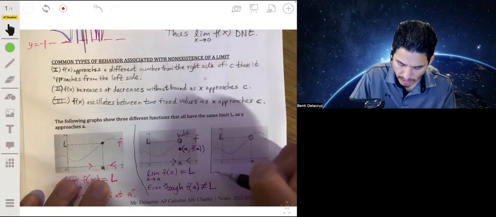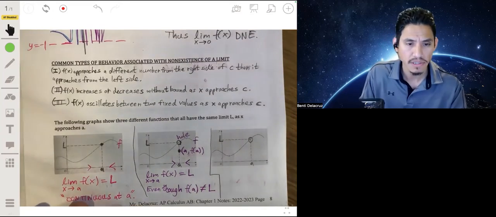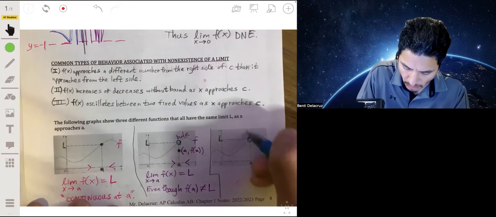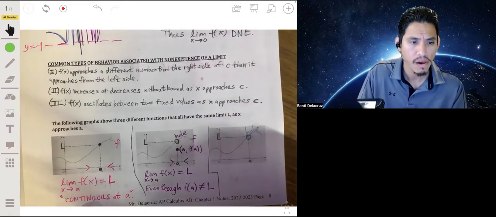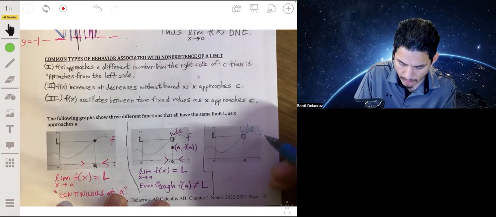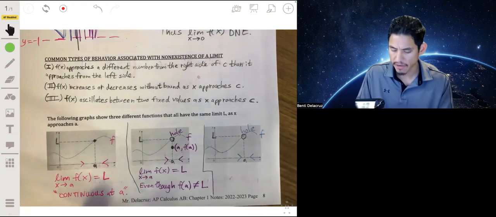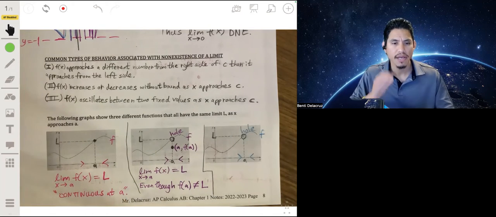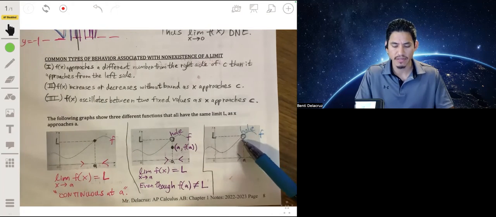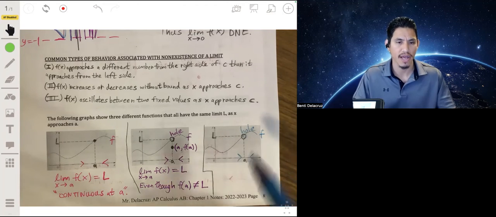And our third case, here we have just a hole. There's still our graph f. And so as we're approaching the point A from the left and from the right, it's still going to have that same limit. It doesn't matter that the function doesn't have a value at A. It's still approaching the same point from the left and right.